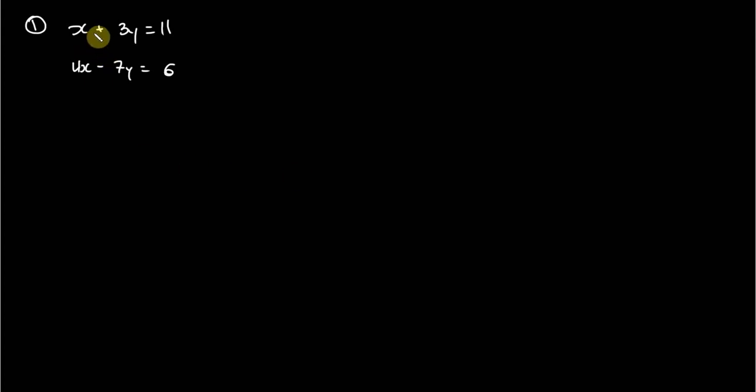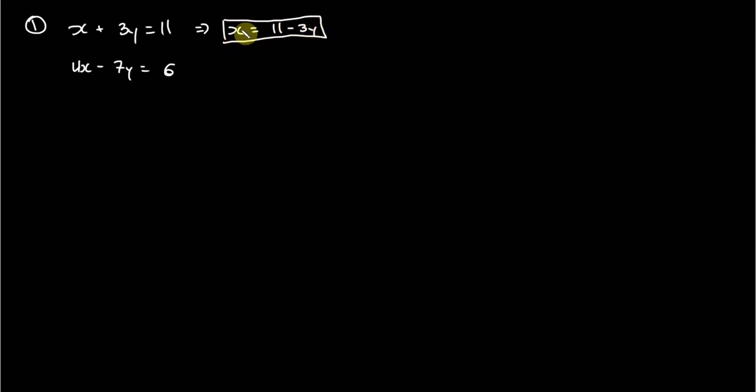And so what immediately stands out is we can isolate this x term in the top equation by subtracting 3y from both sides. What we end up with is x equals 11 minus 3y, and I just box that off. So now we know what x equals.